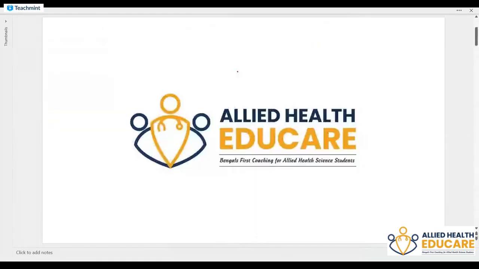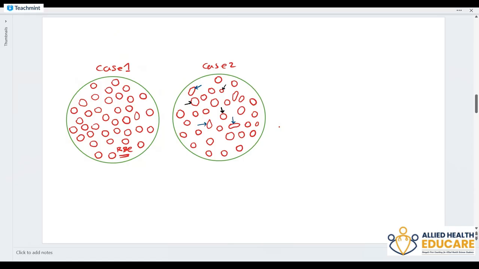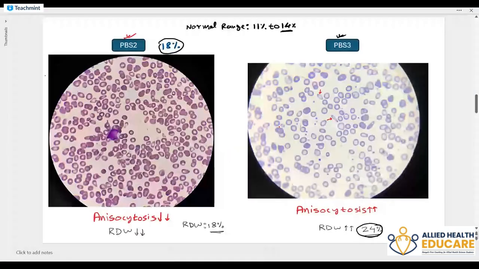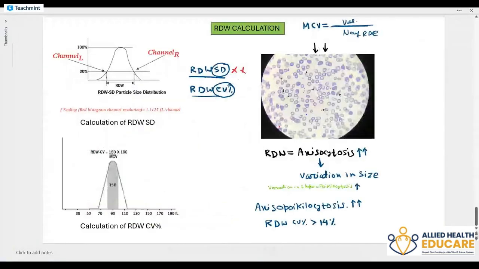Just look at the picture. There are two values. One is RDW-CV percentage and another one is RDW-SD. We need not consider the RDW standard deviation value. We have to consider the CV value. The greater the CV value, the greater the degree of anisocytosis. CV percentage represents the variation between the values.